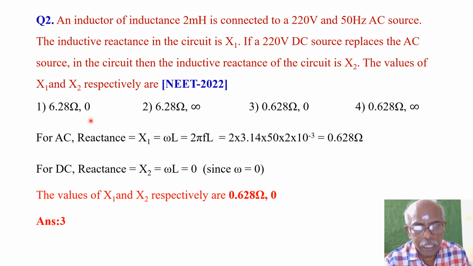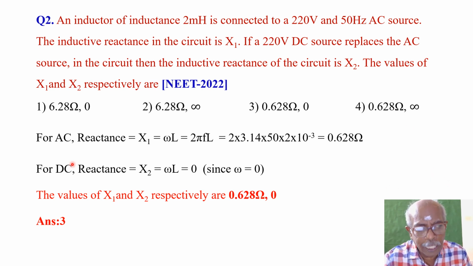It means what? In the case of AC, reactance is 6.28 ohm. In the case of DC, the reactance is 0. Option 2, 6.28 ohm and infinity for DC. Then for the third option it is 0.628, 0, and the last one is 0.628, infinity.